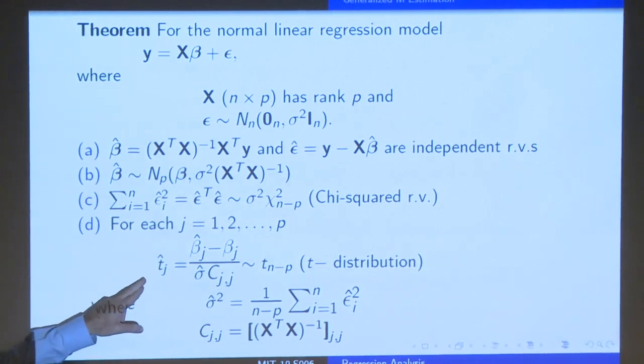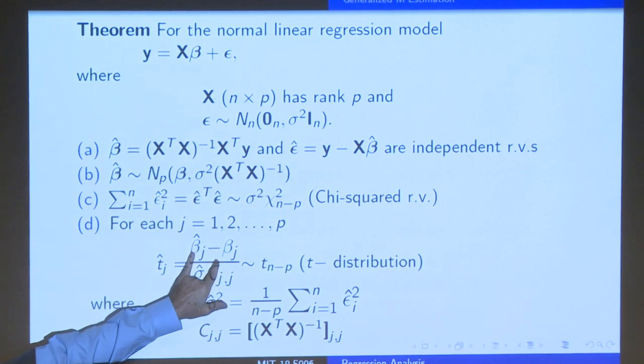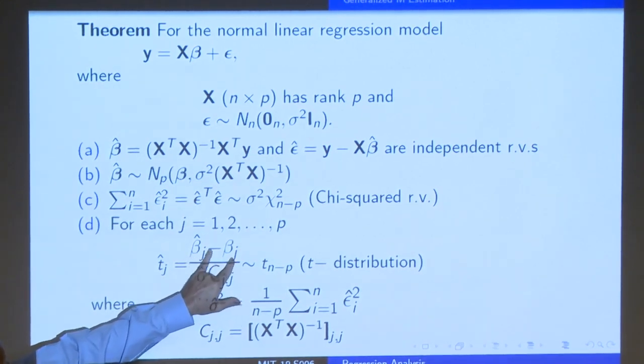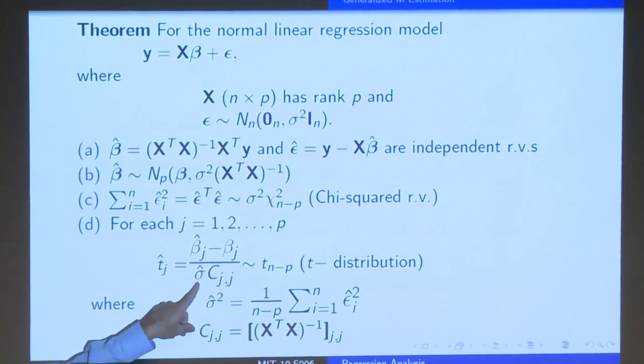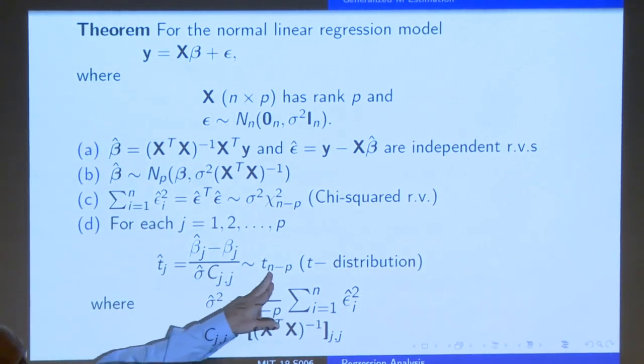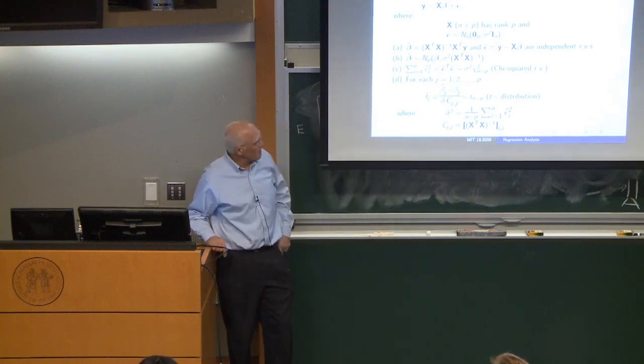And for each component j, if we take the difference between the least squares estimate beta hat j and beta j and divide through by the estimate of the standard deviation of that, then that will in fact have a t distribution on n minus p degrees of freedom.